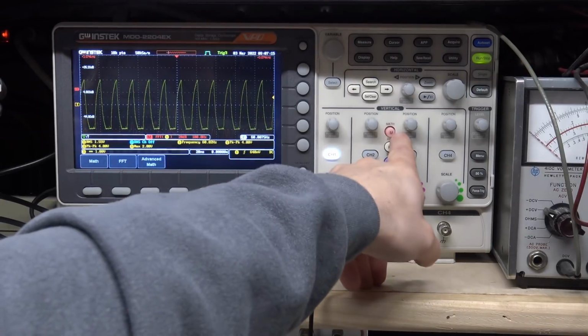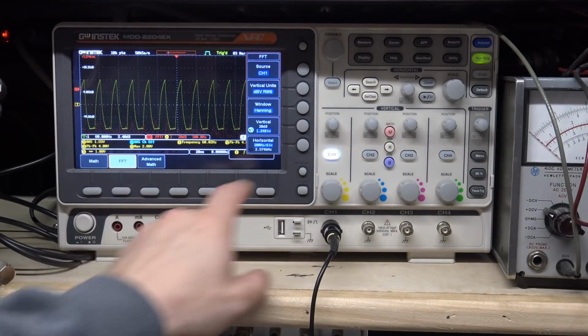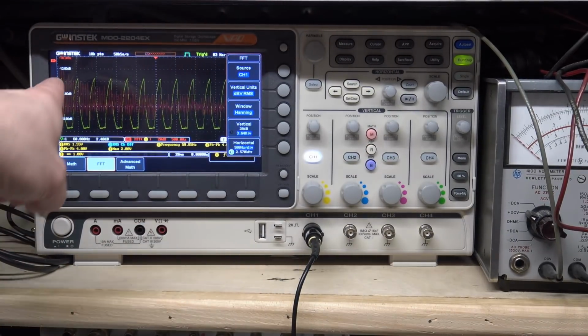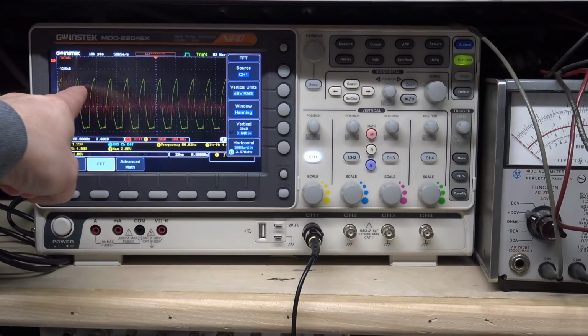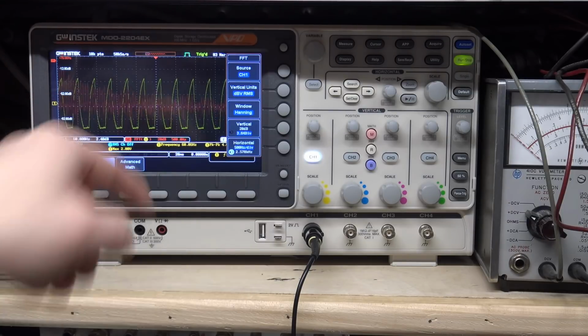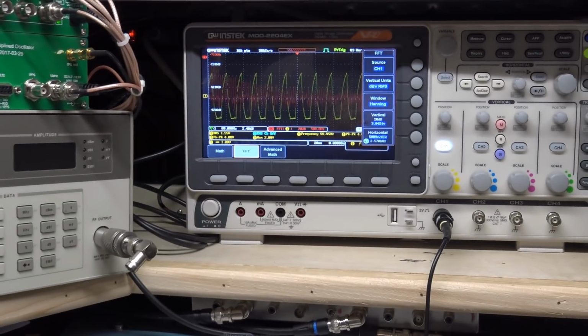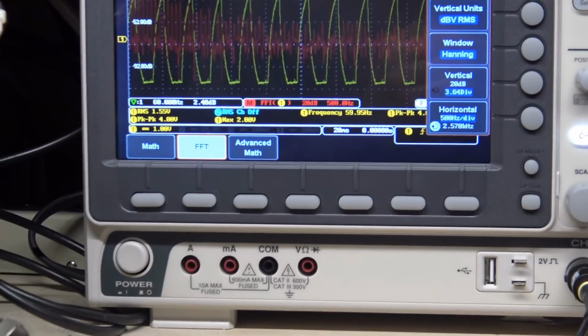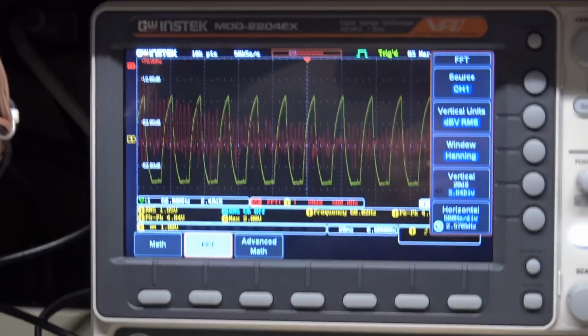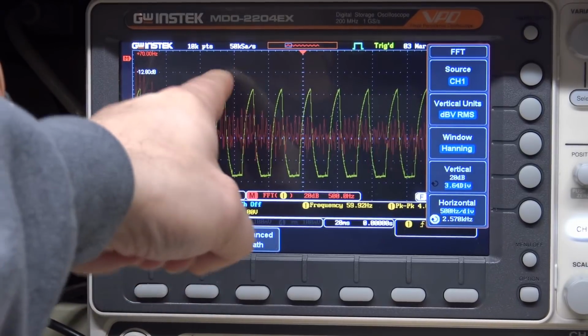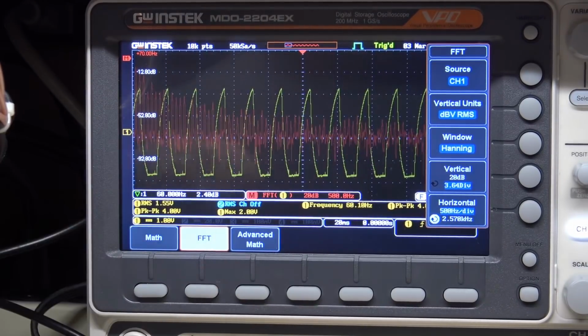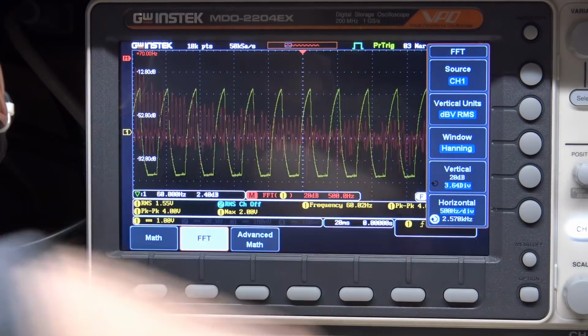And if we do math, and if we go FFT, you can see all of the different individual points, each one of these little points here equals a sine wave that would represent a part of this bigger waveform, our main waveform.